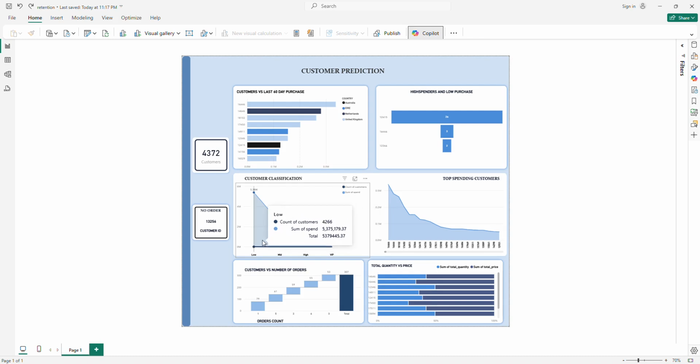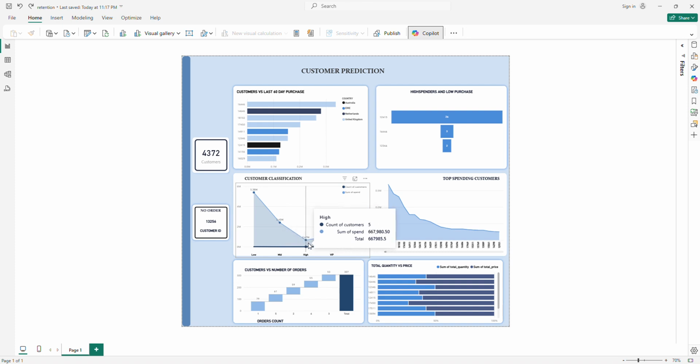So in this data set, there were more people who spent between 1 to 20,000, and a total of 4,266 customers spent that amount of money. Sorry, bought low items. Now the mid-level customers spent a total of 2,397,229.48.